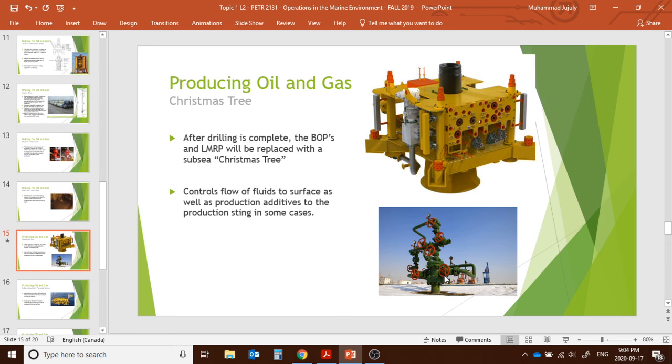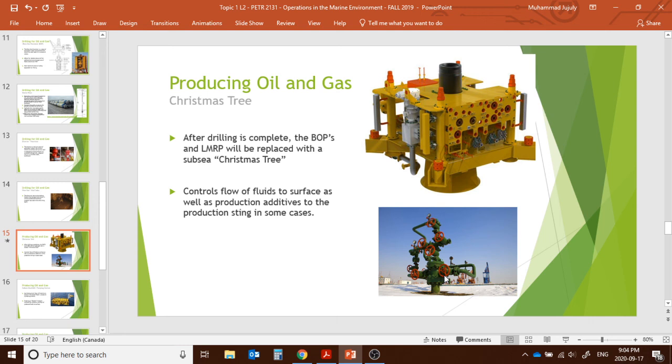Christmas tree. A Christmas tree is also a type of stack of valves. After the drilling is completed, before the production teams come in and take over the job, we put in a stack of valves.